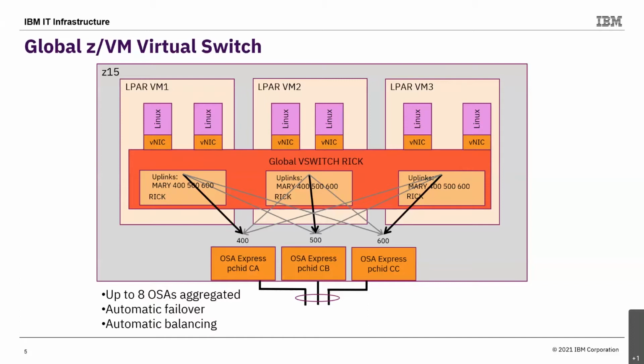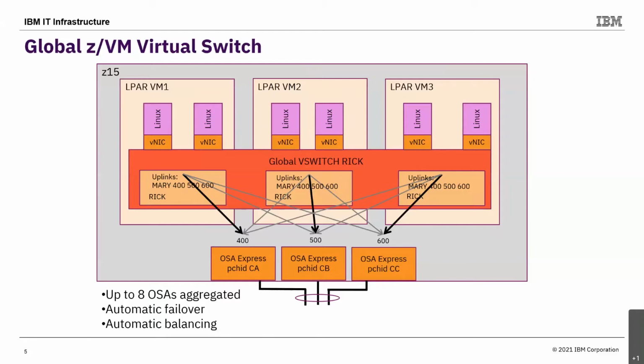In other words, we allow a LAG group consisting of one or more OSA Express cards to be shared across multiple LPARs, okay? But the beauty of this configuration is that it can be managed from any one of those LPARs, the connectivity to the outside world. So when you define a port group, which is a group of OSA Express adapters, you define it in one partition, it automatically gets propagated to all the other partitions, so you don't have to define it there.